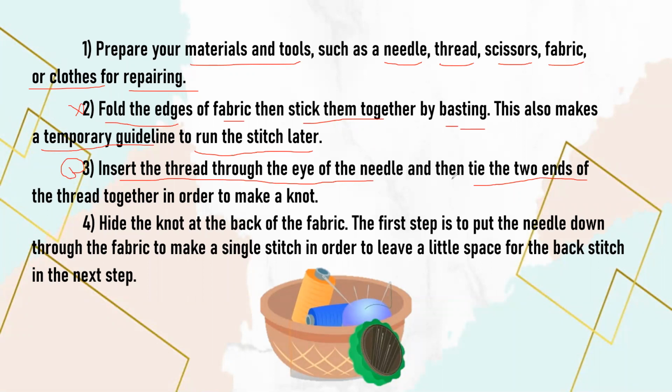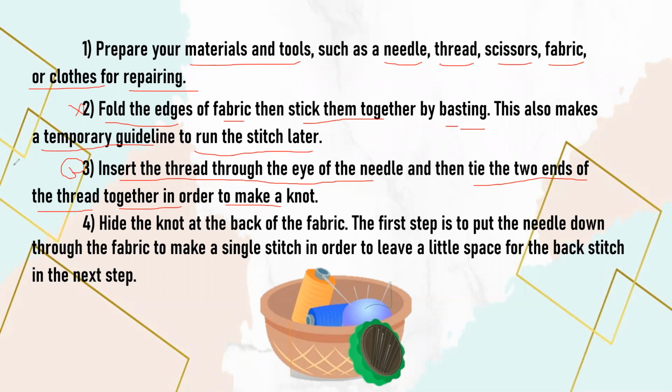Then tie the 2 ends of the thread together in order to make a knot. After we insert the thread into the eye of the needle, we take as much length as we need and then cut it, and the ends of the thread, both of them, we are going to knot. We're going to tie it, so we will have a lock on that.